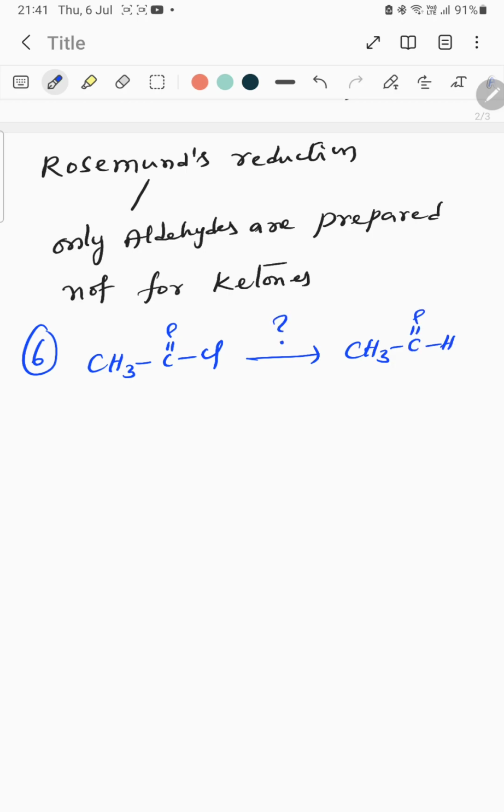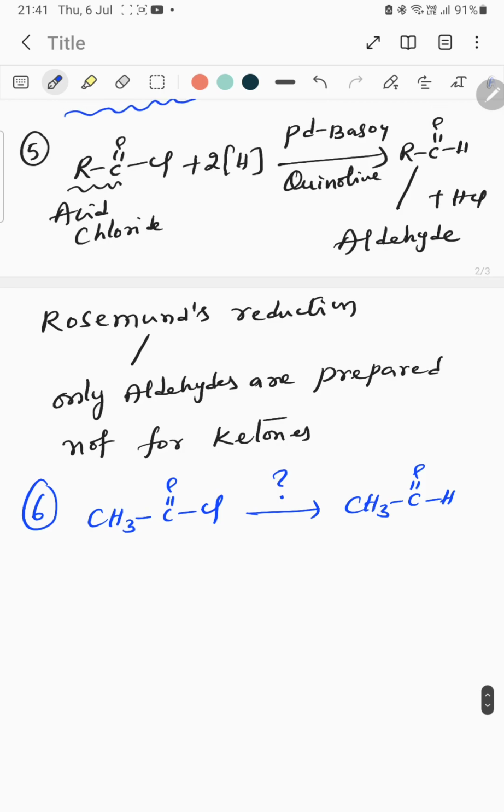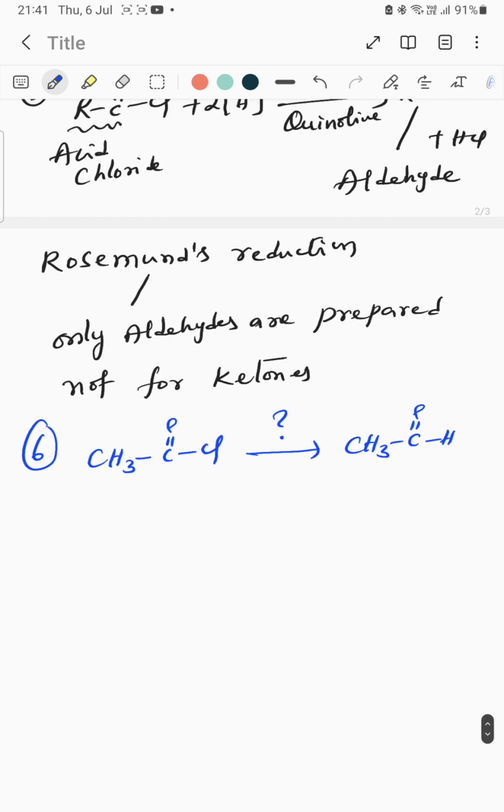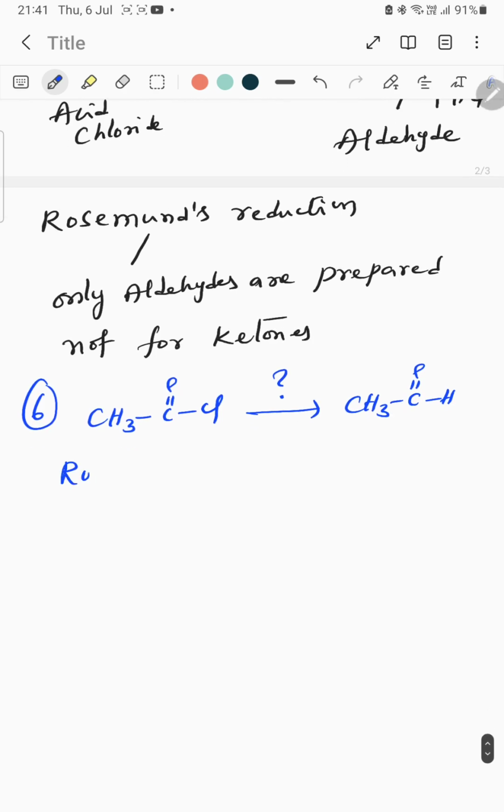Which reagent is required? Once check the fifth one. The fifth one and sixth one both are the same pattern. In the fifth one we are taking the R, in sixth one instead of R he writes CH3. So the same reagent is required. This is the Rosenmund reduction.